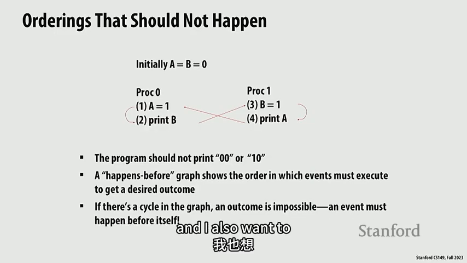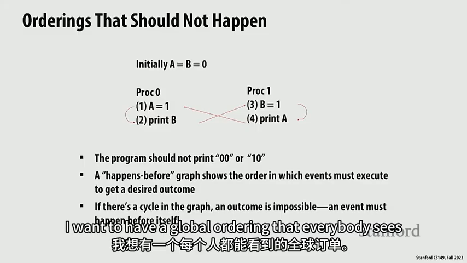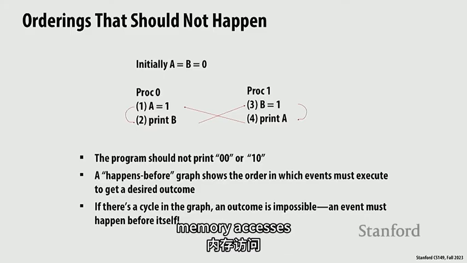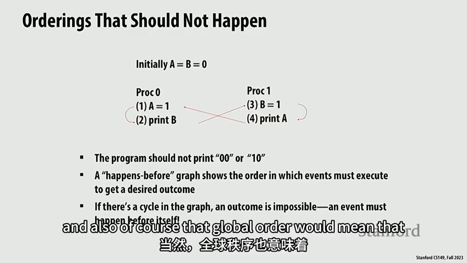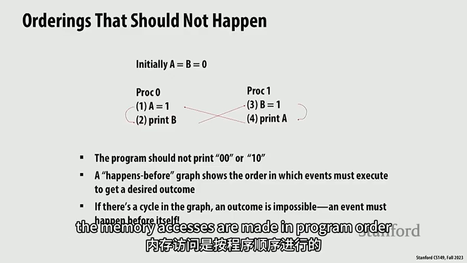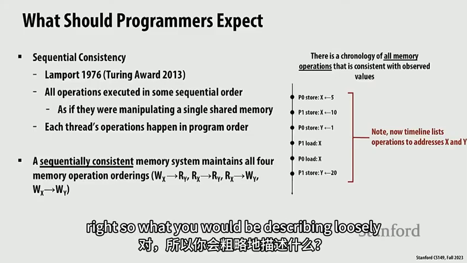I also want a global ordering that everybody sees, so that I can serialize all the memory accesses in the system, and also, of course, that global order would mean that for any particular thread, the memory accesses are made in program order, right?